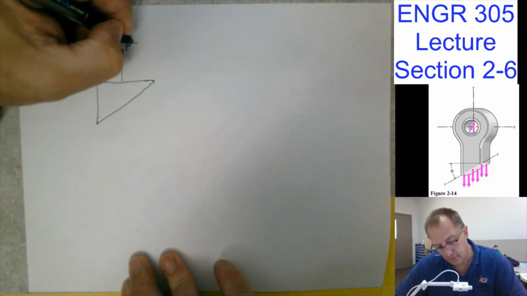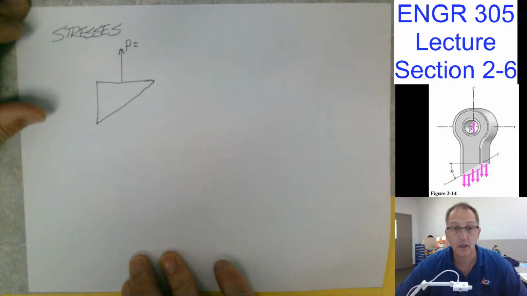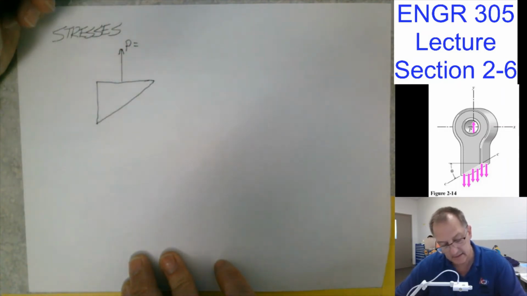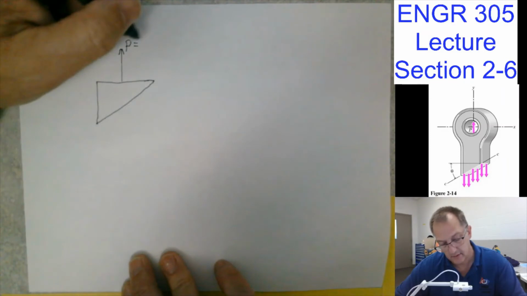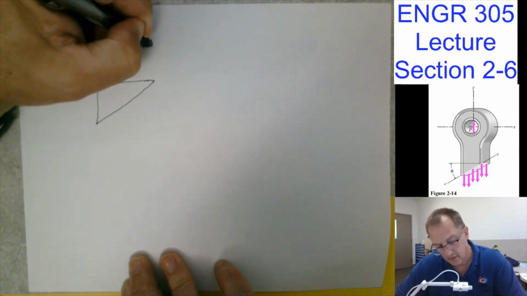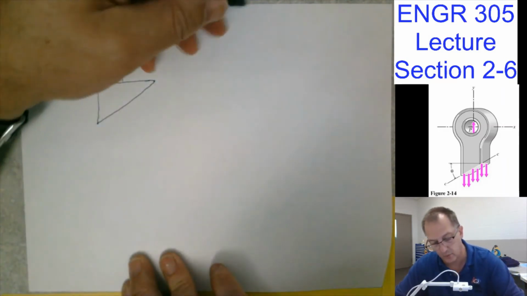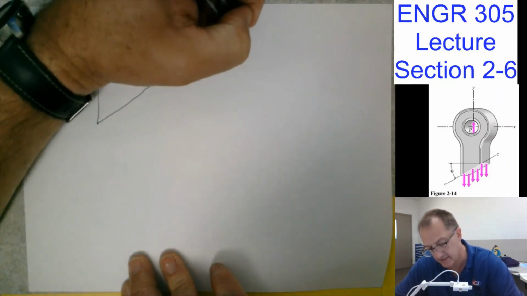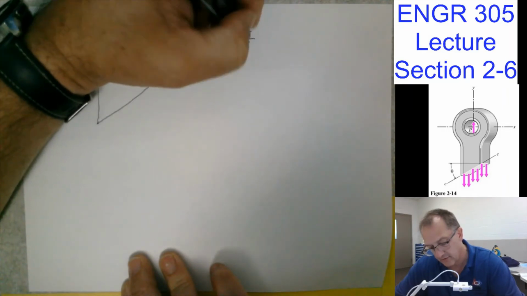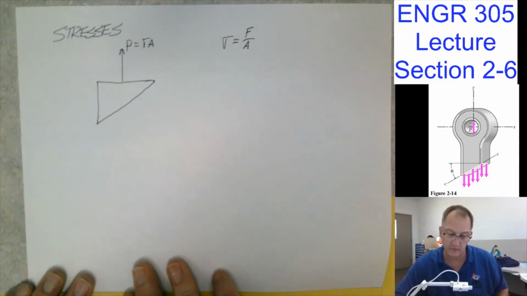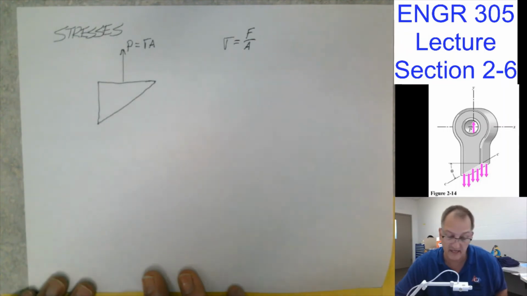But I'm going to rewrite that as my stress times my area. Now, the way you're thinking about it, we defined that last time as that stress is equal to a force over an area. Well, now my force is P, and so that force is equal to sigma times A.